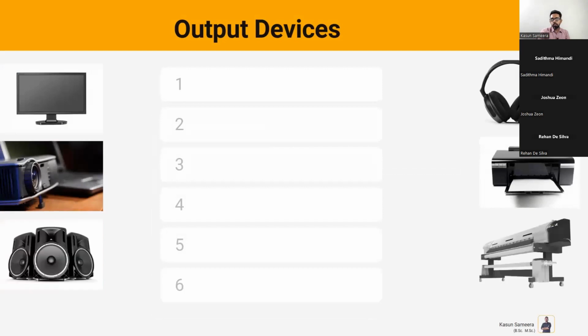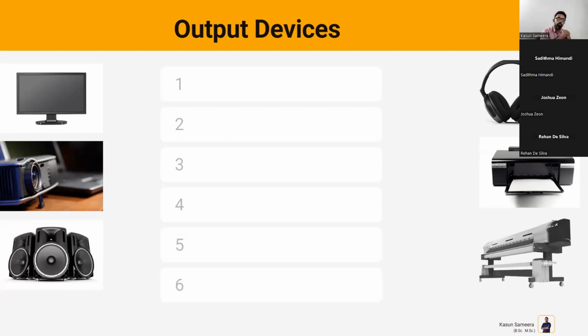And output devices, let me remember, any output device is outputting one of 3 things, right? An output device can output a soft copy. Soft copy means the stuff that you can see on the screen. It can be a Word document you're viewing on the screen.